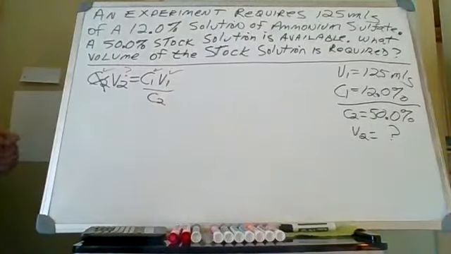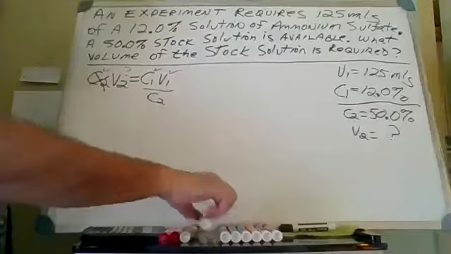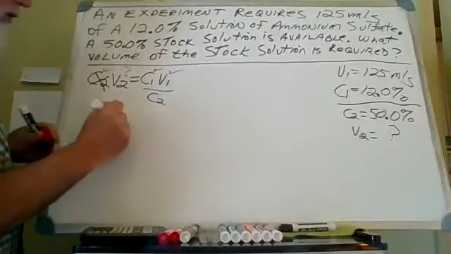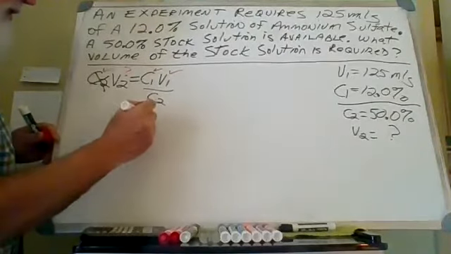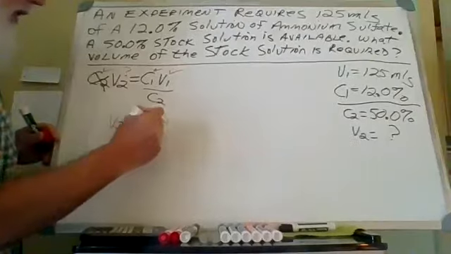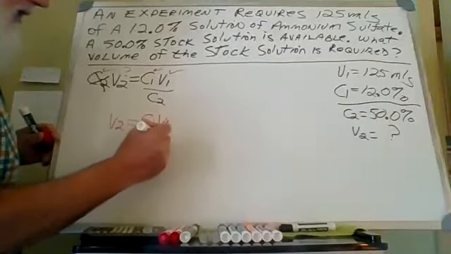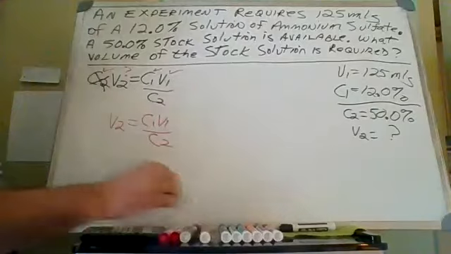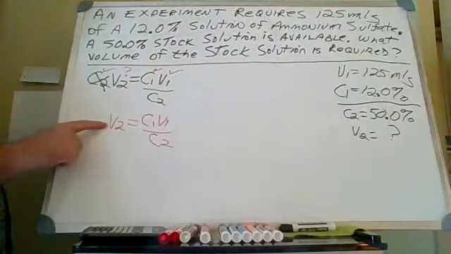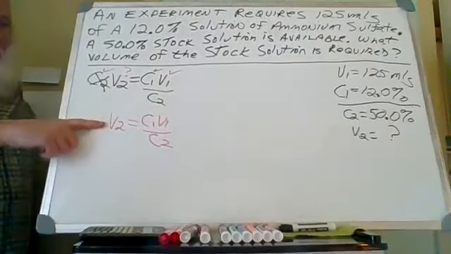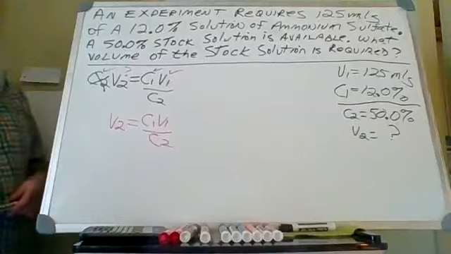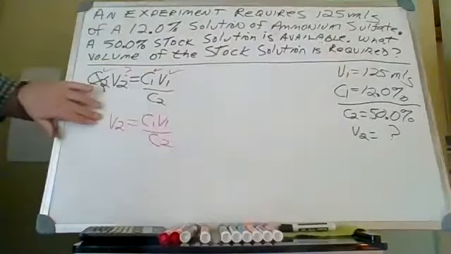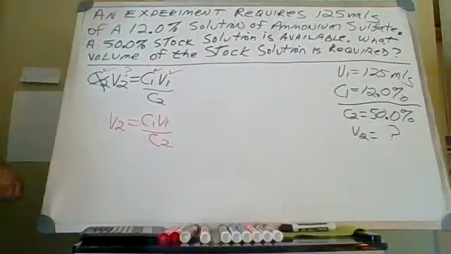Now we copy down what's left: V2 equals C1 V1 divided by C2. Is V2 in the numerator? Yes. Is V2 by itself? Yes. So now, and only now, may we plug in the quantities from the right-hand side into the actual equation.